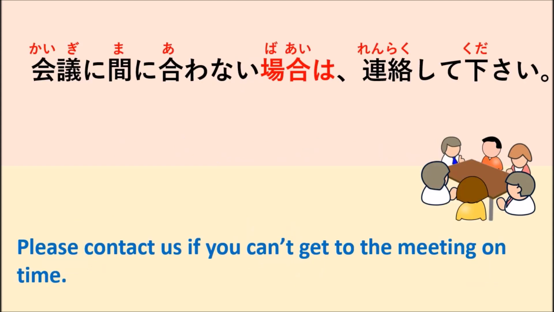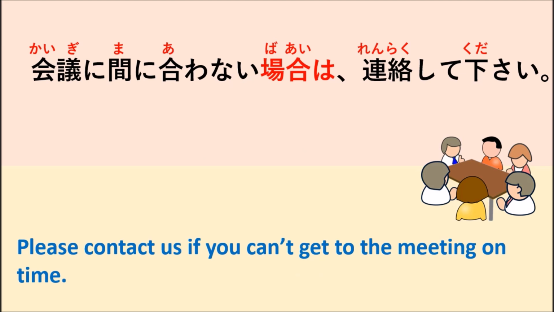Here we have an example like this. 会議に間に合わない場合は連絡してください。Which means, please contact us if you can't get to the meeting on time. So what is before Baai?